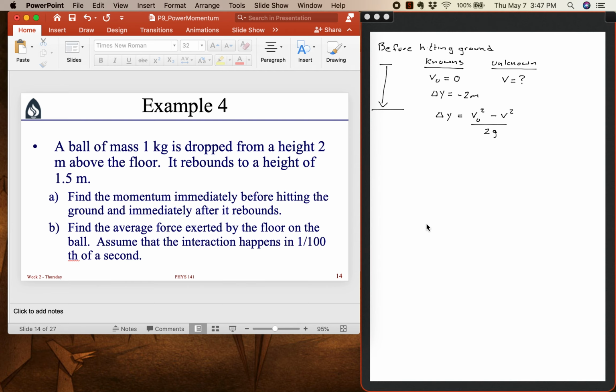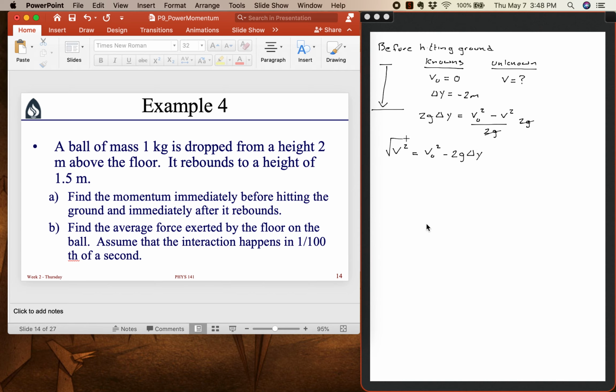First we'll multiply both sides by 2g so that it cancels here and we have a 2g delta y on this side. Then I will add the v squared to both sides and subtract 2g delta y from both sides so that I get the v squared by itself. So v squared is going to be equal to v naught squared minus 2g delta y.